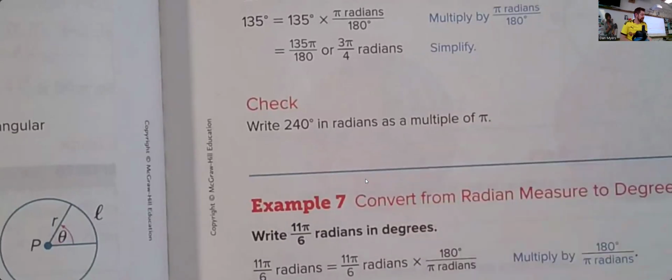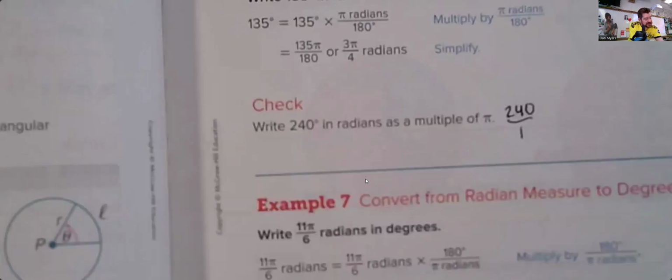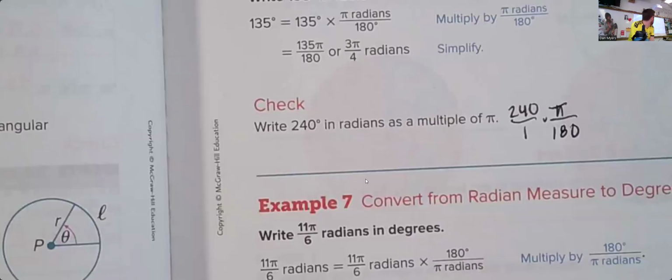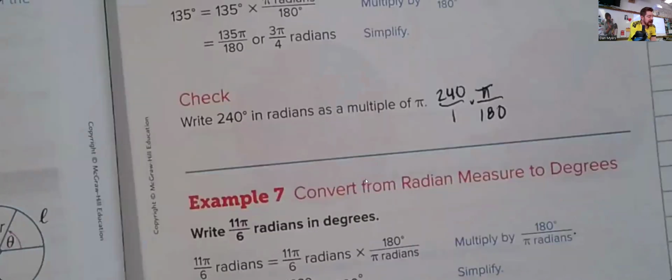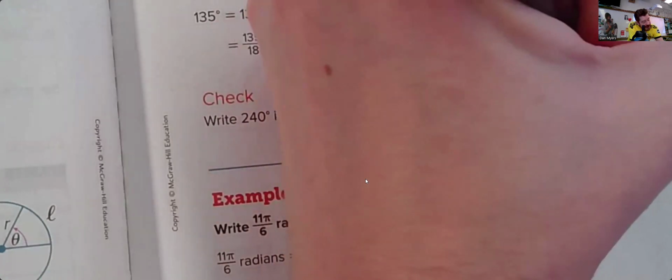So let's try this one. So we're going to have 240. And if you want, you can write 240 over 1, just to help you out with the multiplication, times pi over 180. So we're going to multiply by pi over 180, which equals 240 pi over 180.